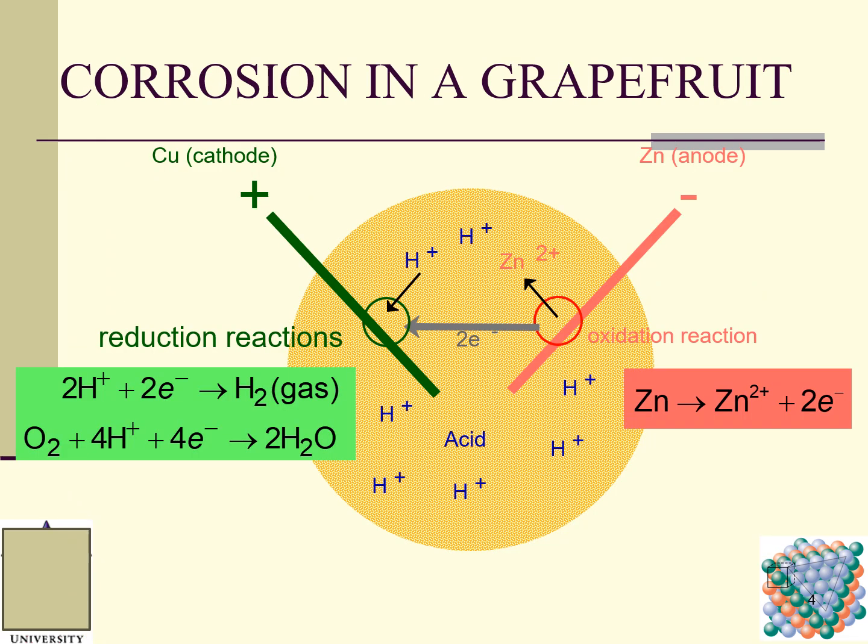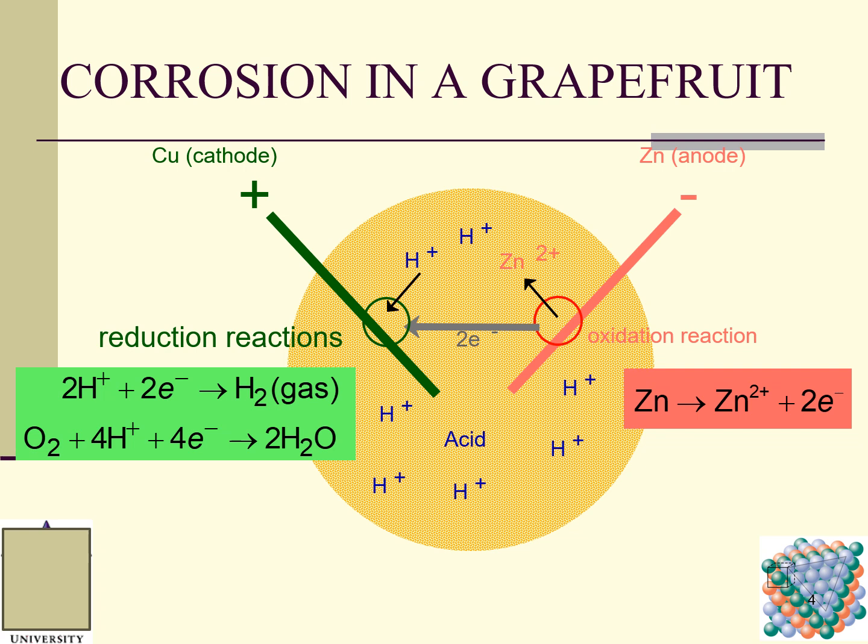We also talk about corrosion in a grapefruit. Here, a copper cathode, and the zinc is the anode. The zinc corrodes. Corrodes means that the zinc experiences oxidation by giving up free electrons and becoming ions.